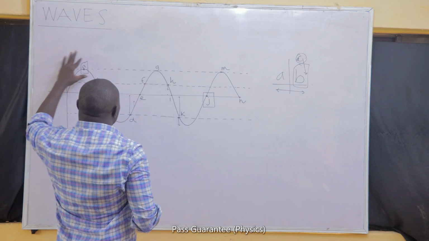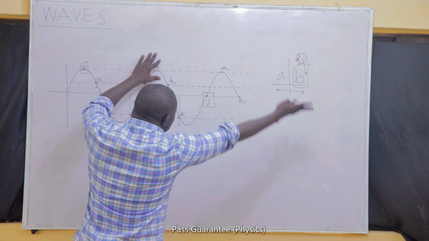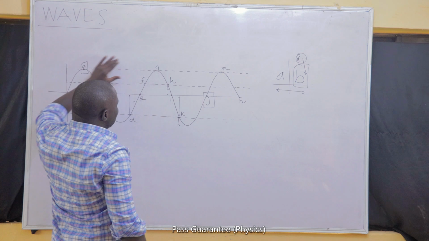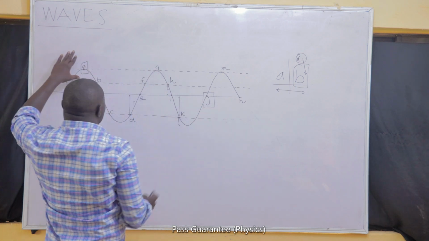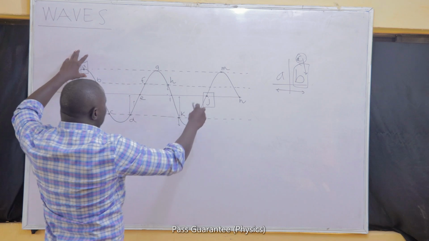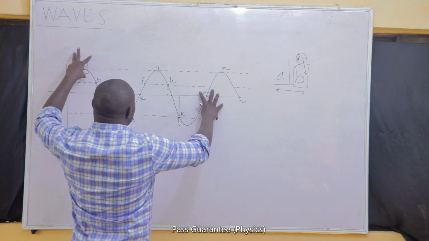I'll look for a point before it that is within its neighborhood, closest to it, that is in phase with the first point. I want to find the phase difference between A and J.